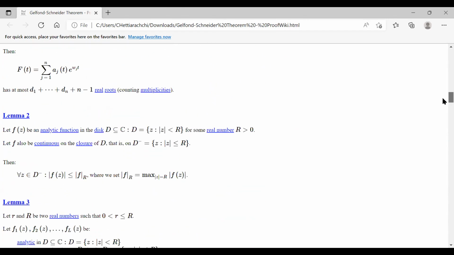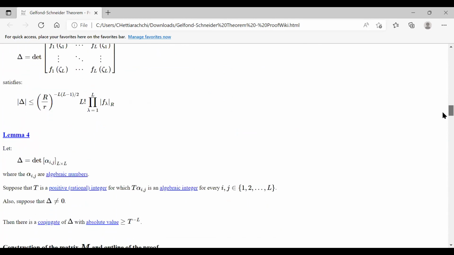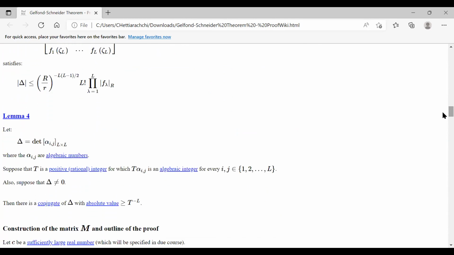You have a determinant consisting of all algebraic numbers, and if you have a t as a positive integer for which t alpha_i alpha_j is an algebraic integer for every i, j belonging to the set 1, 2 through L, then if the determinant is non-zero, you can say there is a conjugate of delta with absolute value greater than or equal to t to the minus L. Okay, conjugate of delta.